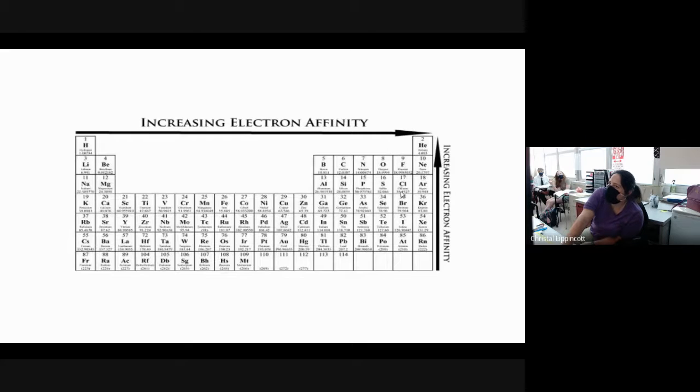These guys over here want to add electrons. This is how badly they want electrons, and fluorine wants it the worst.